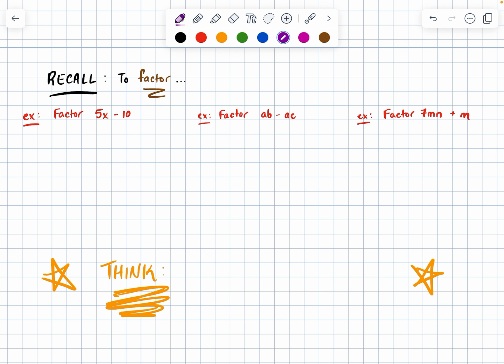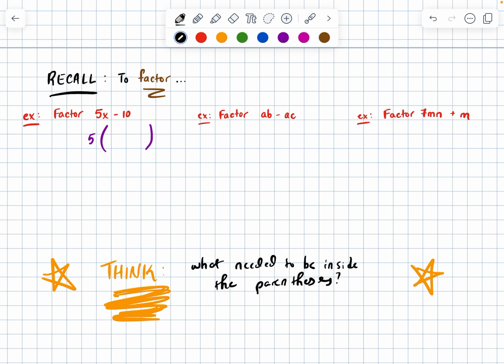And stop. Well, 5x minus 10. If I'm thinking about the thing that they have in common, both of them have a factor of 5. And then there would have needed to be something left in the parentheses. A good question to ask myself if I'm ever stuck on factoring is, what needed to be inside of those parentheses so that when I do my distributive property back out, I get back to where I started?